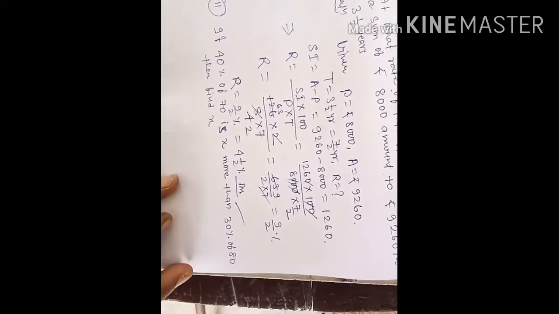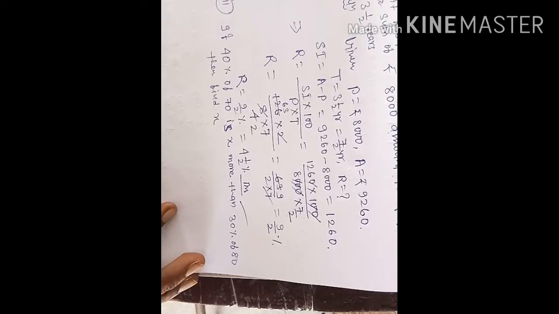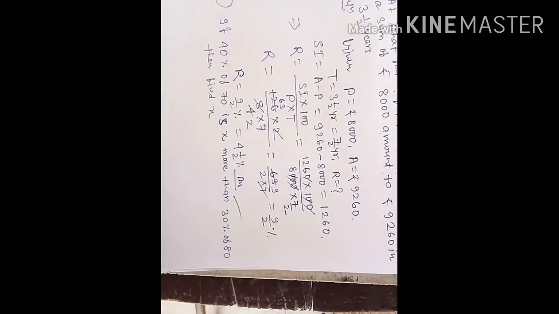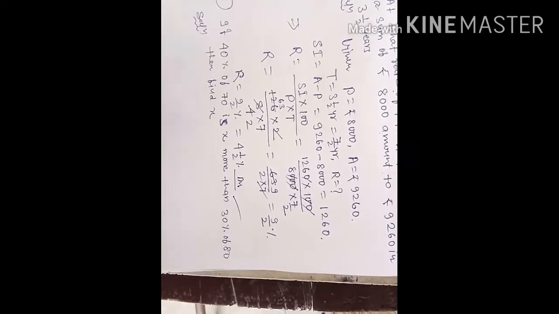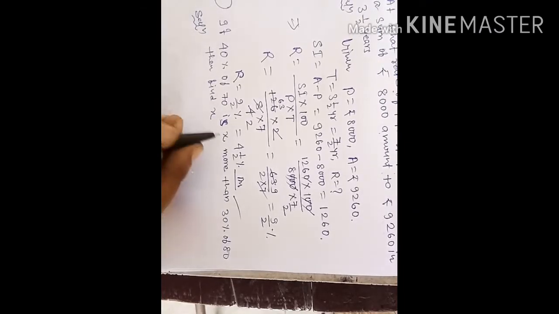Now in question number 11, the question is, if 40% of 70 is x more than the 30% of 80, you need to find x. यहाँ दिया है 70 का 40% x ज़्यादा है किससे, 80 का 30% से, तो ज़्यादा कौन है, which is greater, 40% of 70 by how much, x.